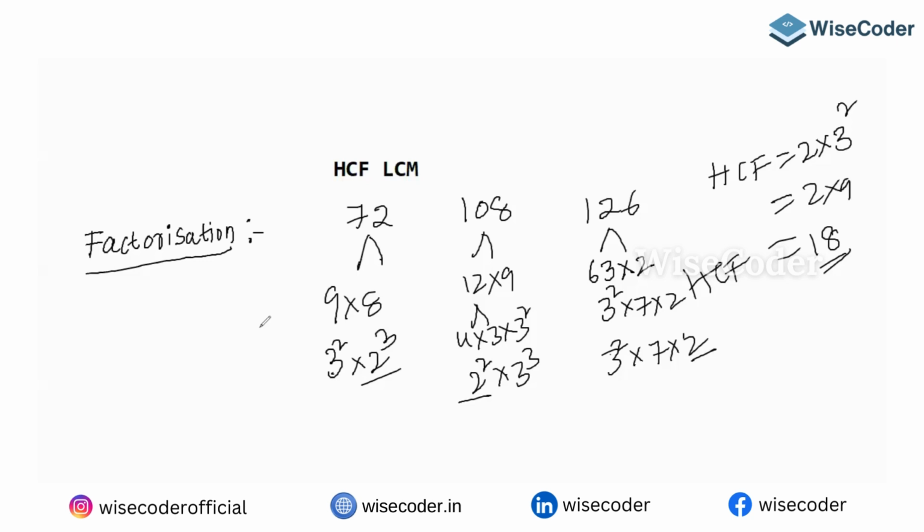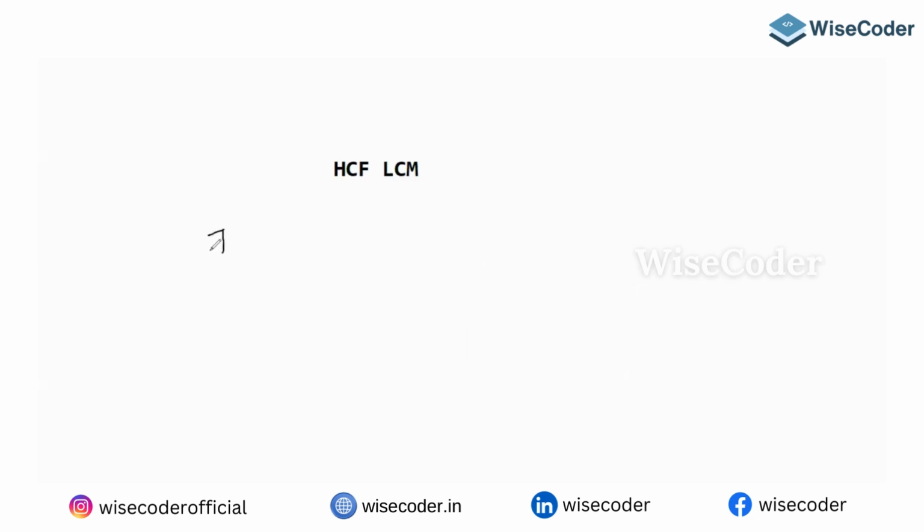If the numbers are very easy, like the examples 72, 108 and 126, just find the highest power of the primes that can divide each given number. Dividing each of these numbers will ensure a common factor, and taking the highest power will ensure the largest such number.